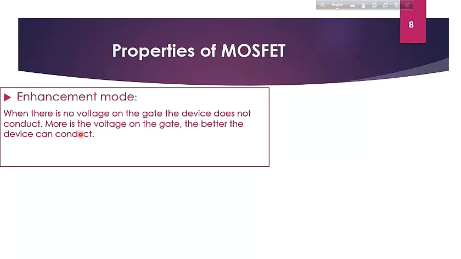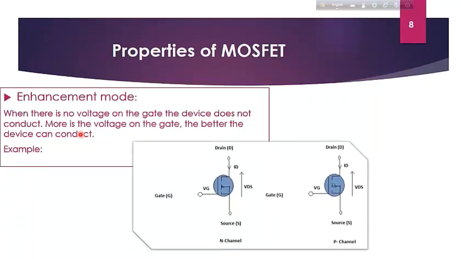If we put voltage on depletion mode, conduction decreases, but in enhancement mode, if we put voltage on the gate, it will conduct, and if we increase our input voltage, it will increase the conduction. And this is the picture of enhancement mode.